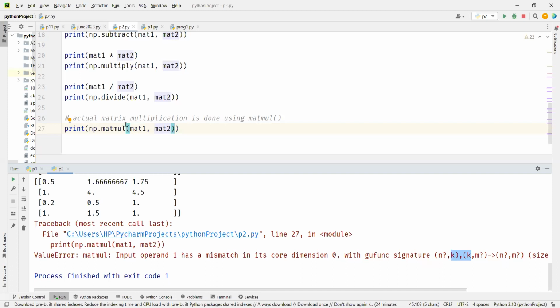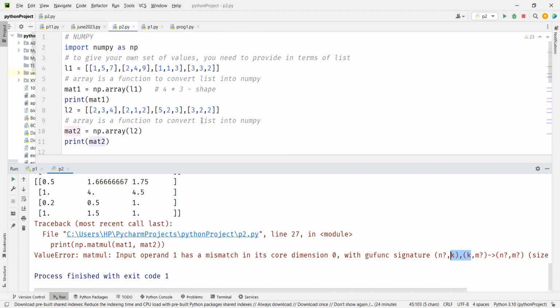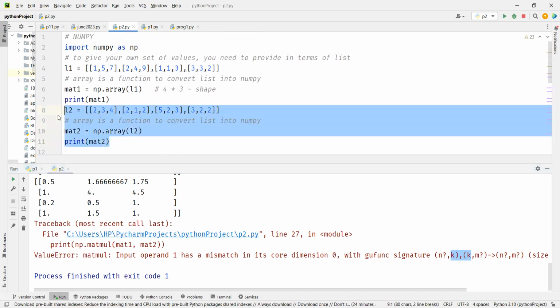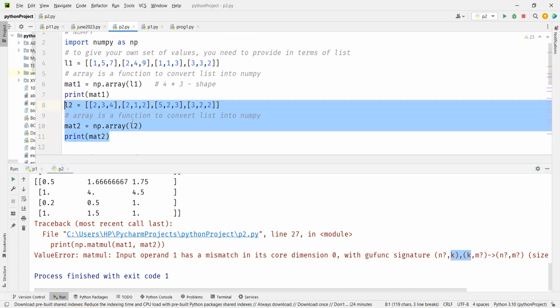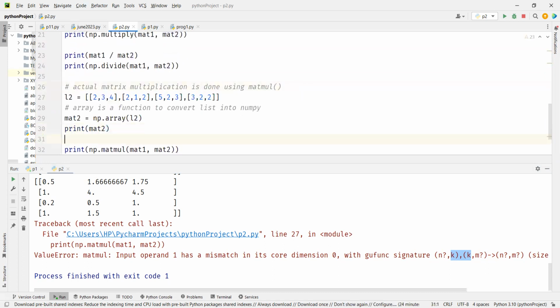So obviously, we cannot do Mat 1 and Mat 2. What we'll do is we'll create Mat 3. I'll call it 3, we'll change the value later. Mat 3, L3, Mat 3.